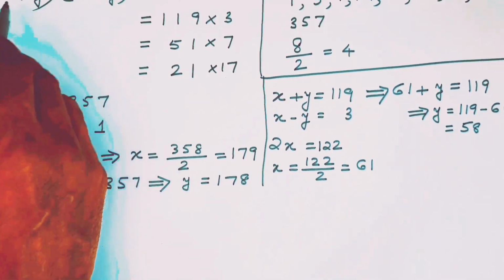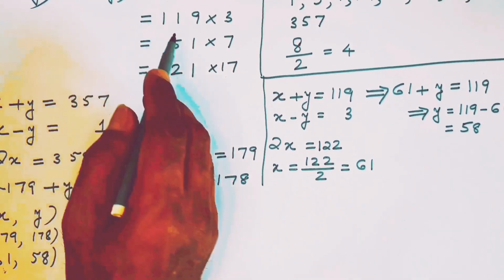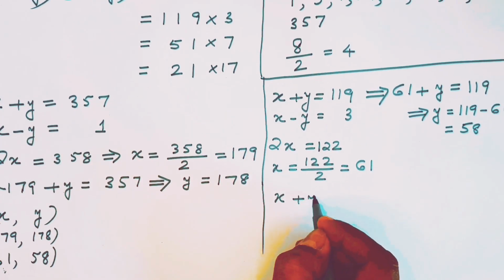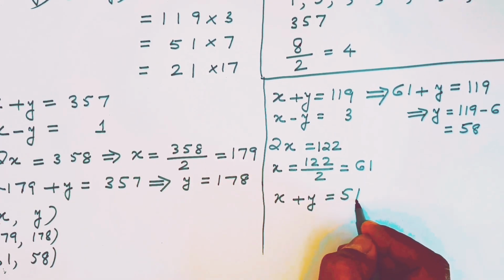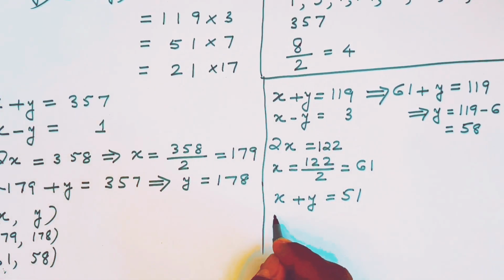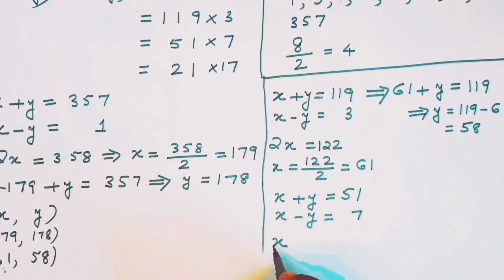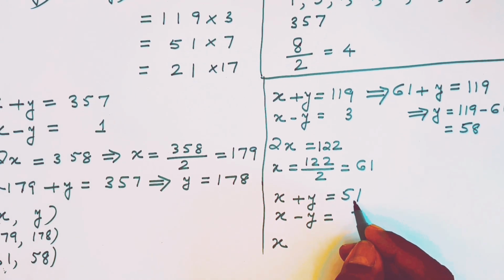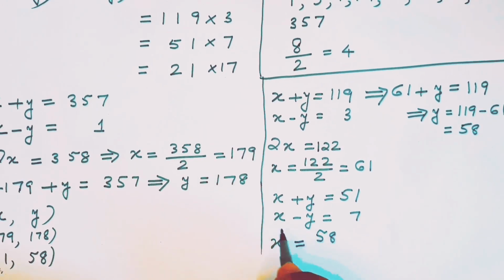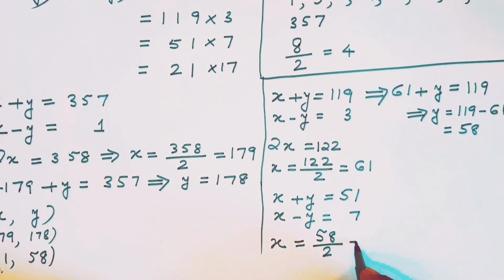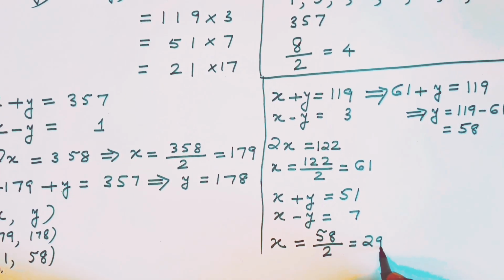Now let me equate x plus y to the third splitting, which is 51 and 7. x plus y equal to 51 and x minus y equal to 7. So adding, 2x equals 58. They've already done this, so you can easily follow. I think you will get x equal to 29.